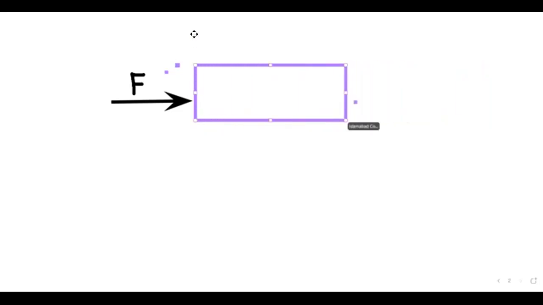By Newton's second law, we know that force is equal to mass of the object times acceleration. One more thing: when force is applied on it, the object actually travels a distance along the direction of force.